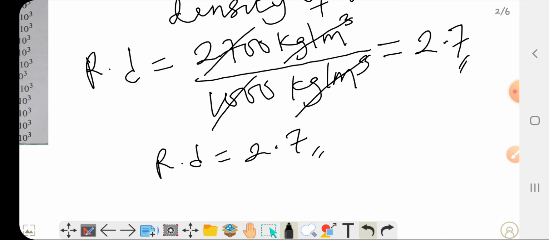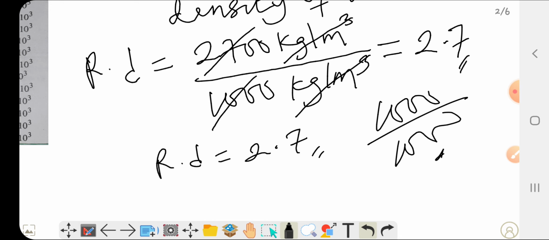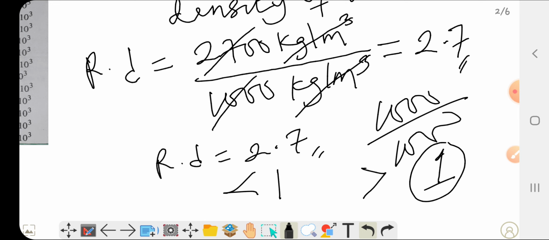If you relate the density of water with itself, that's if you divide 1,000 by 1,000, you get 1. So the relative density of water is 1. That is why if the relative density of a material is greater than 1, it will sink in water, but if it's less than 1, it's going to float in water. So that's just it.